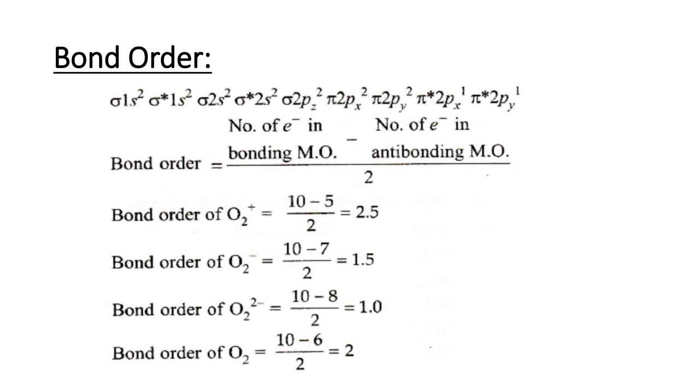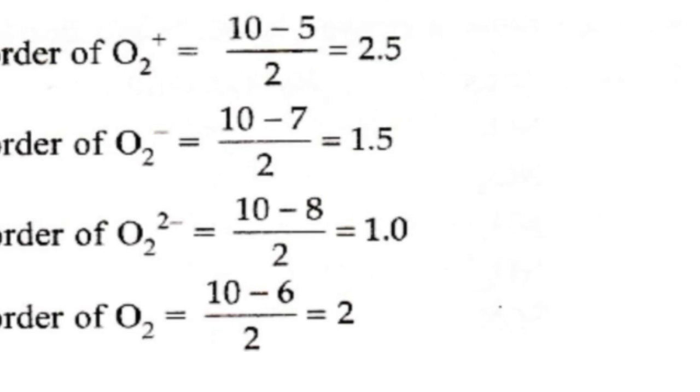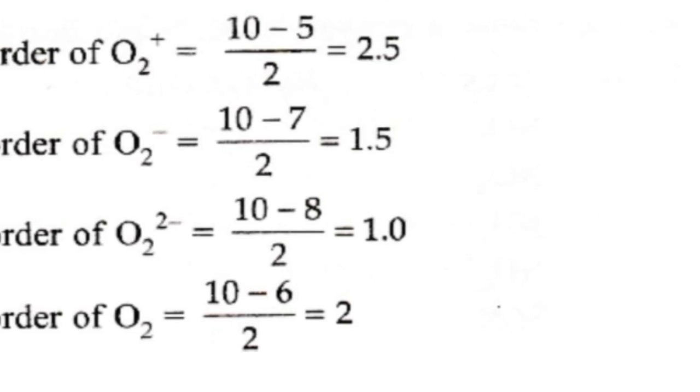Commonly, let's see the oxygen molecule. There is a double bond between the two oxygen atoms, hence the bond order is 2.